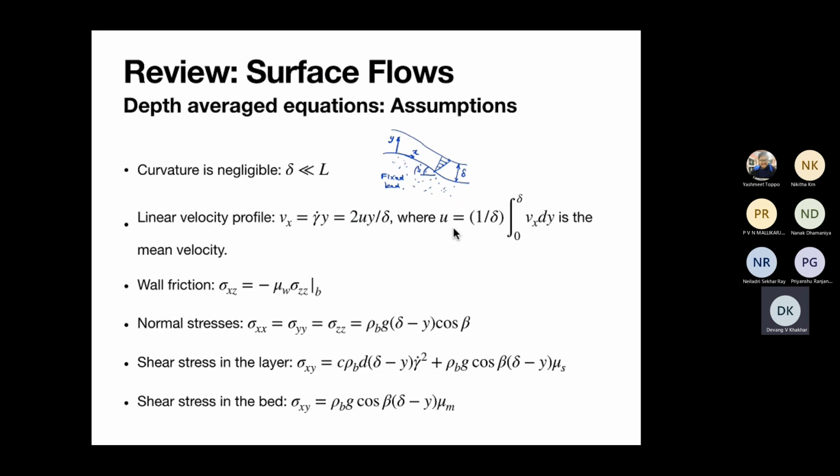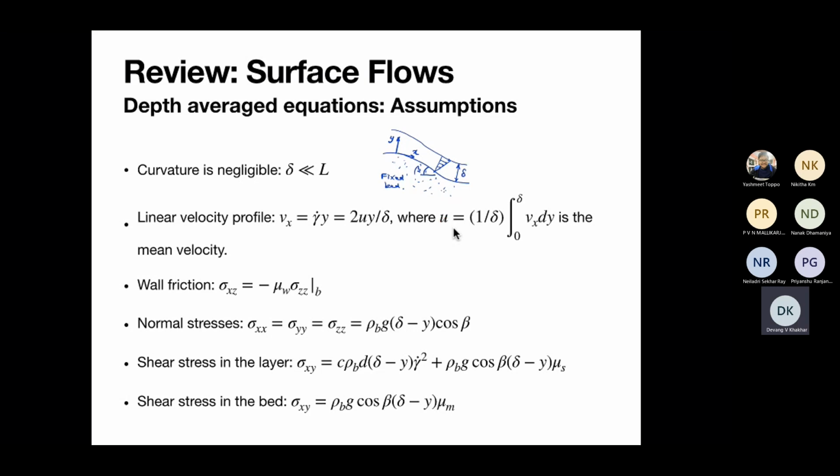And that gamma dot can be written as 2 times u divided by delta, where of course, if you integrate Vx from 0 to delta and divide by delta, you will get u.